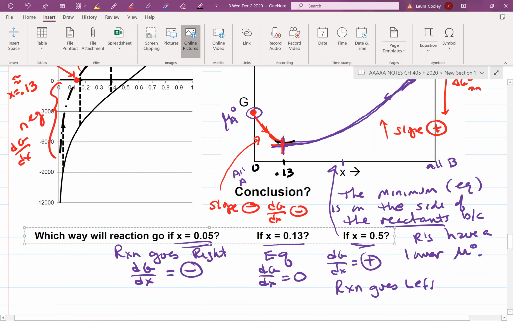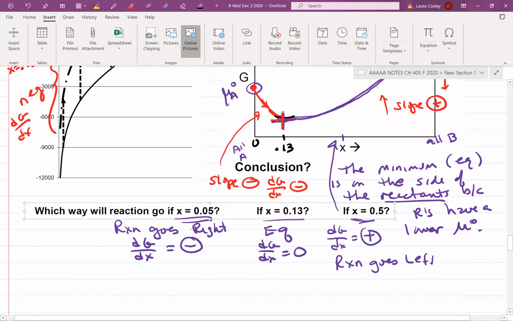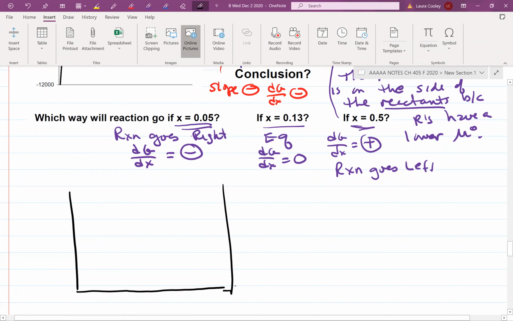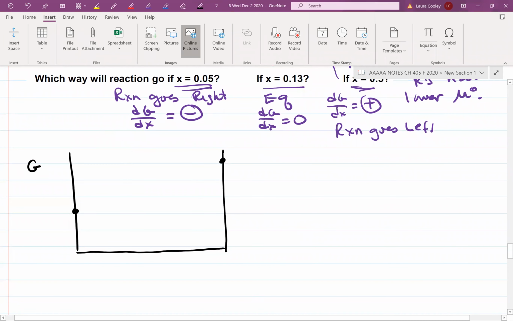Now, sometimes I ask students to draw a little sketch of the G versus X for the reaction. And there are some things that you could do that are absolutely wrong. All right. So I said that the minimum will always be on the side, either reactants or products, whichever has the lower Gibbs energy when it's pure.